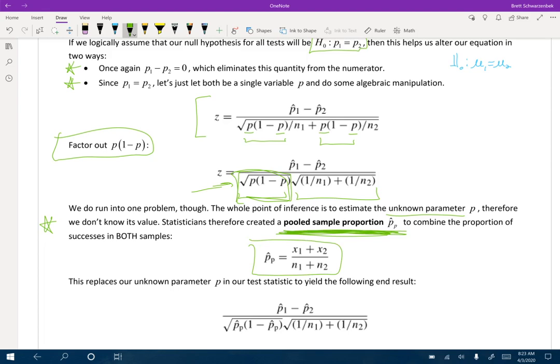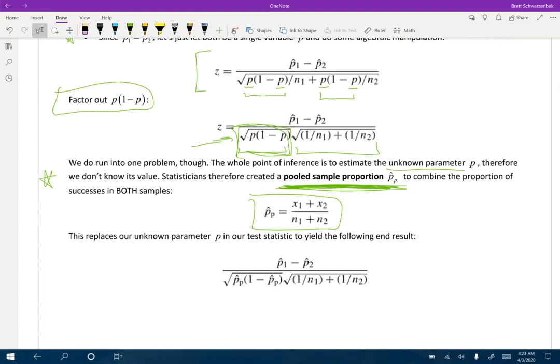Remember, the x's in our values were the successes that we had, over n1 plus n2. So it's going to provide a happy medium for us, not halfway necessarily, but sort of a middle point for the two sample proportions that are provided in the problem to us.